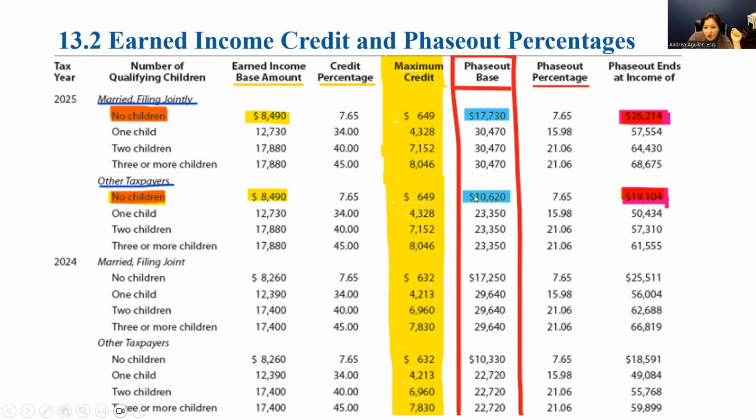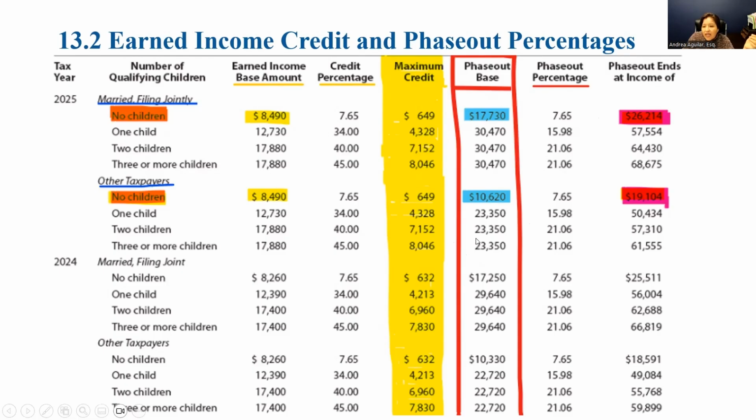You start losing the earned income credit once you reach, if you are single or head of household, this threshold amount, $10,620. Okay. And your phase out percentage is kind of the same for married filing jointly, depending on how many children you have, but the phase out base amount changes.